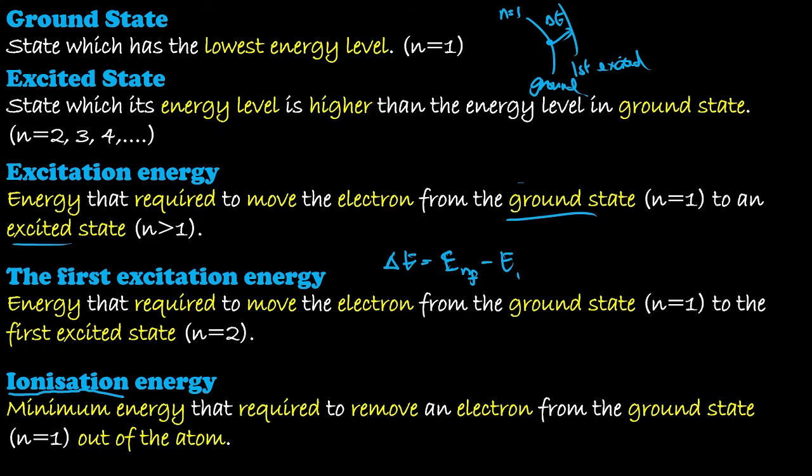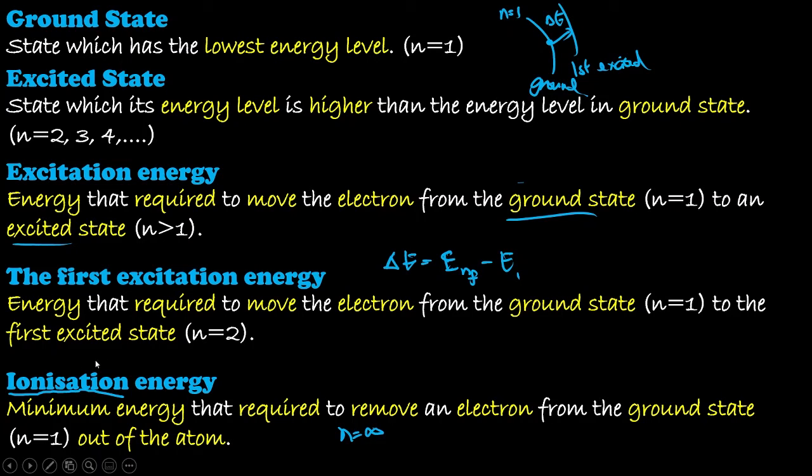It is free to move. So now the atom is an ion. It means the electron is moving from the ground state out of the atom, so your n will be equal to infinity.